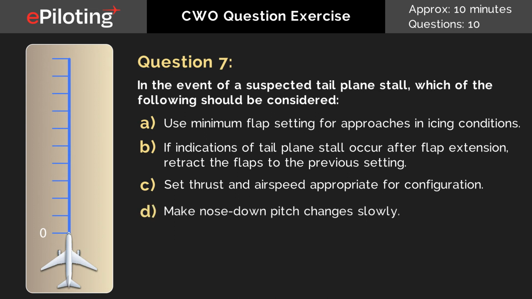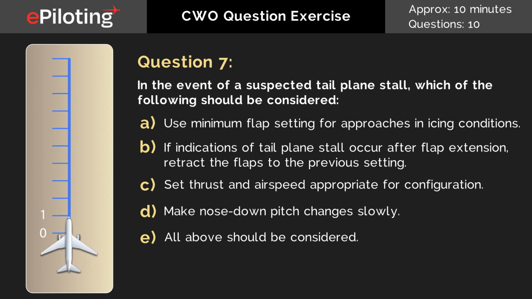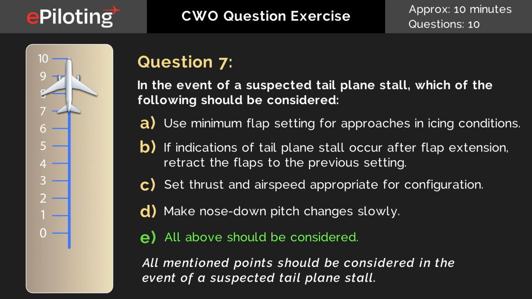D. Make nose-down pitch changes slowly. E. All above should be considered. The correct answer is E. All mentioned points should be considered in the event of a suspected tailplane stall.